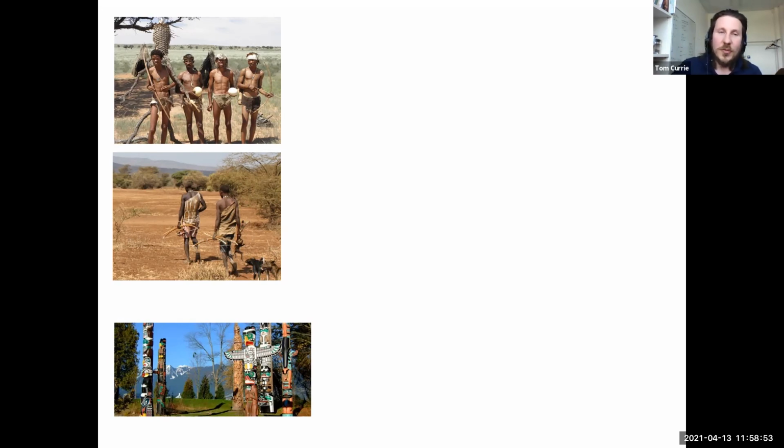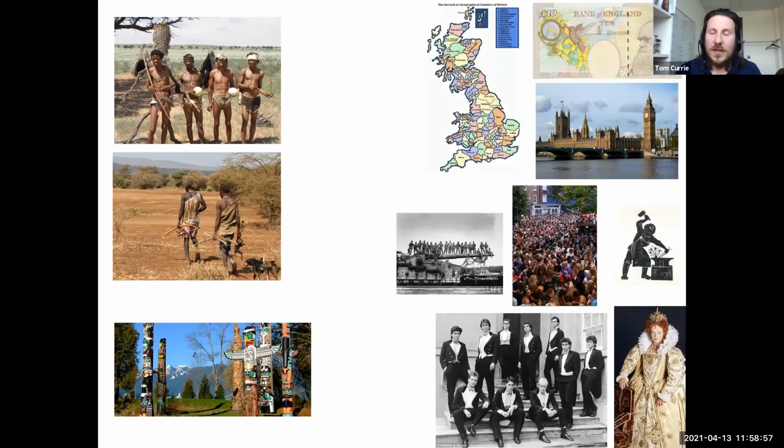But as we talked about last week in the discussion section, there's nothing in the historical or archaeological record which points to something on the scale of the state-level societies that dominate the world today. And so we look to my home country of Britain.